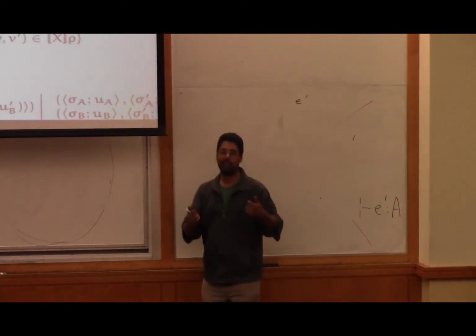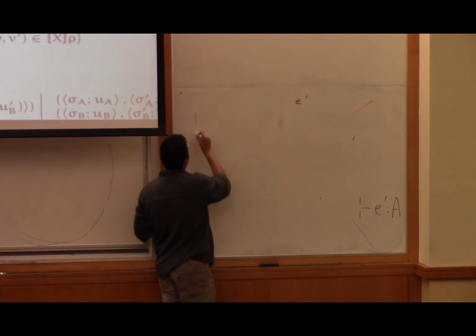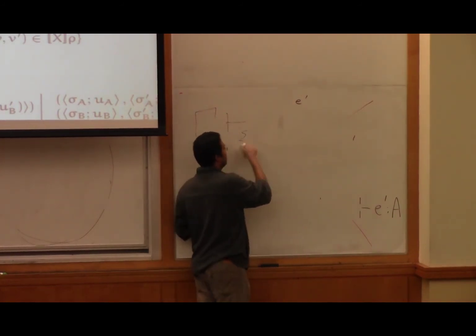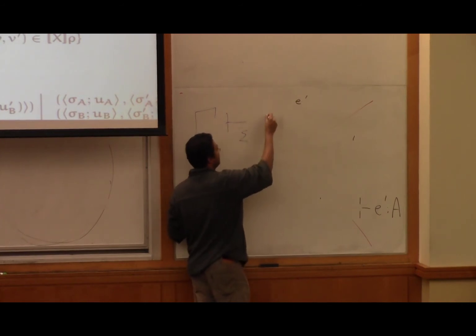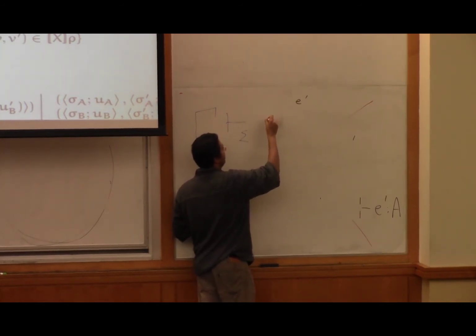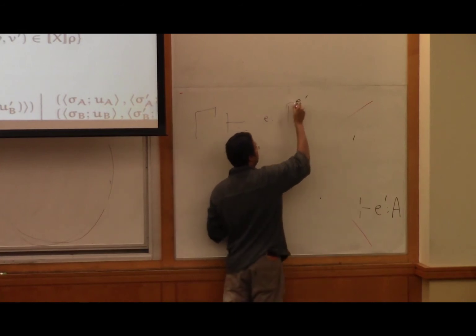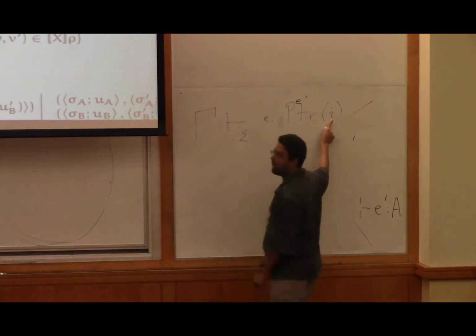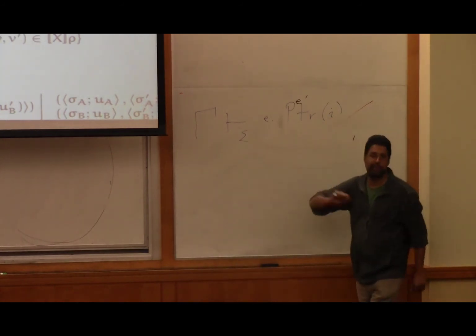So our judgments all grew this extra sigma. Gamma tells us, with location context sigma, that this term e has the type pointer of i, and the idea was i had to be a name that was bound in sigma.